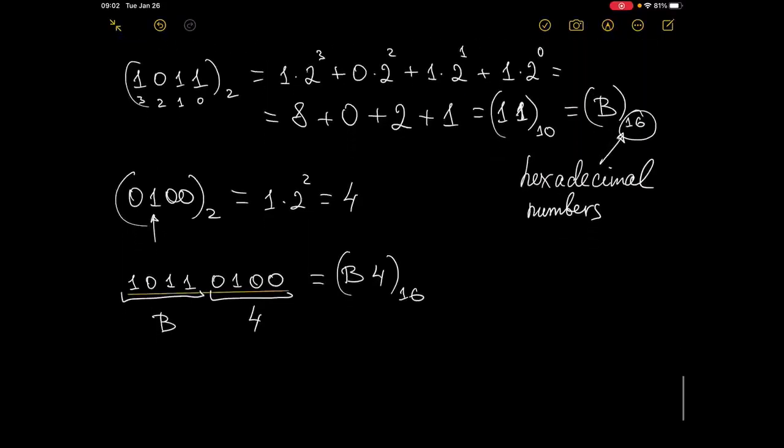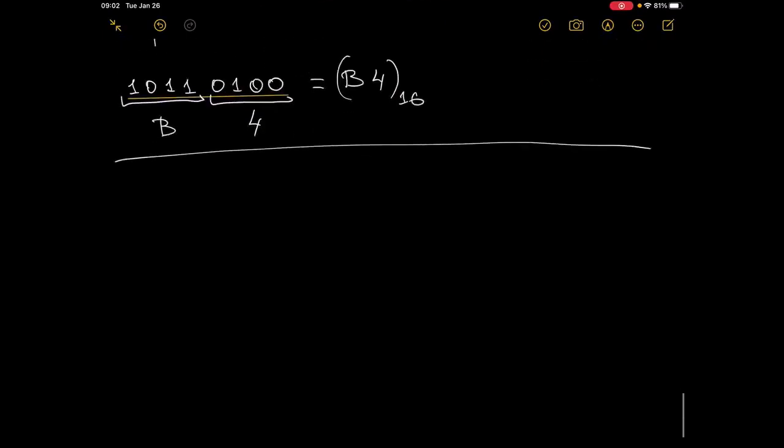Okay, so let us start the next topic. We talked a little bit already about how to convert a fractional decimal number into binary form, but how are these fractional numbers, or just any numbers, stored in our computer?